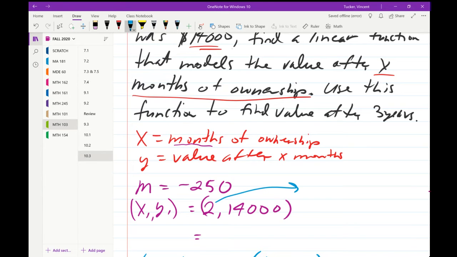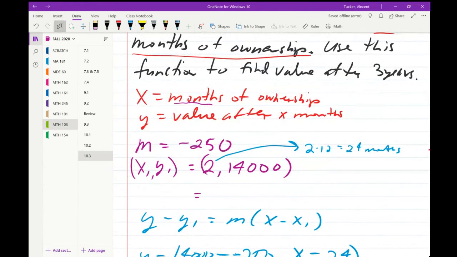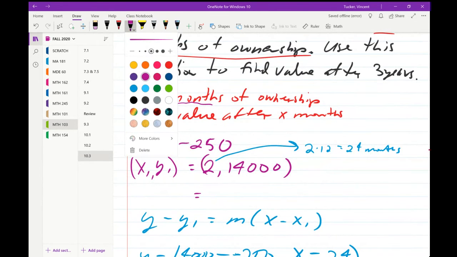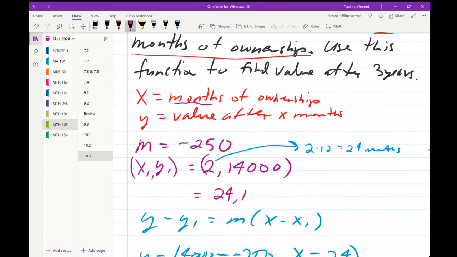So we need to convert that by multiplying it by 12, because there are 12 months in a year. So make sure you're paying attention once again to those keywords. So before we go any further, are we okay?